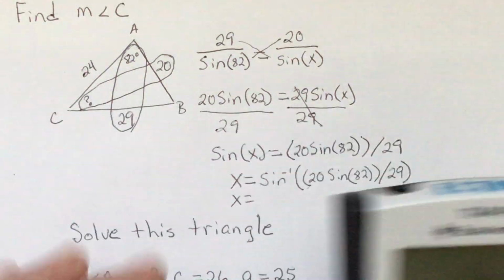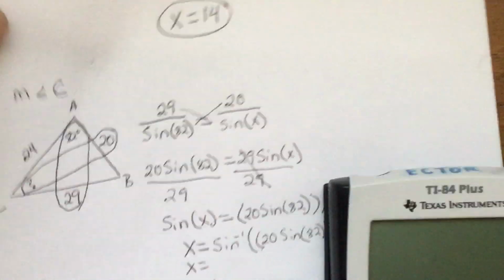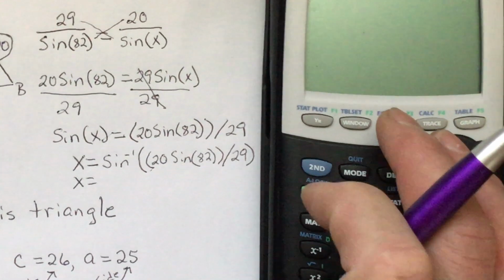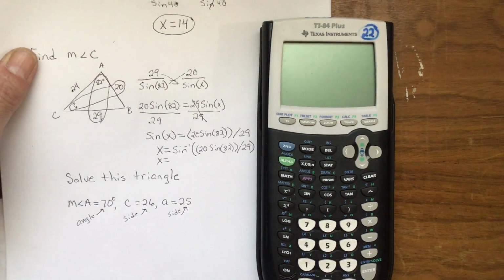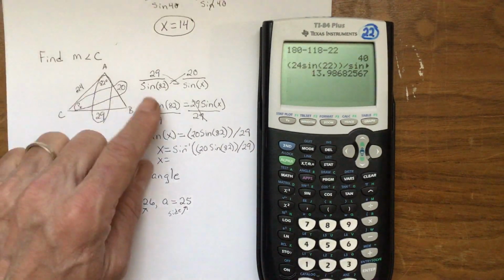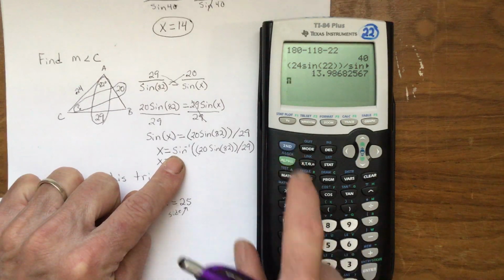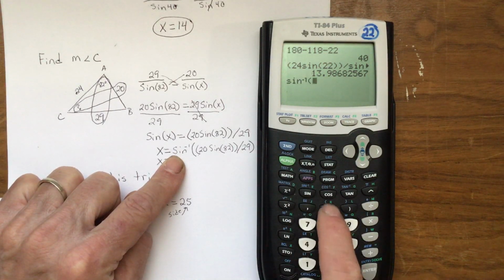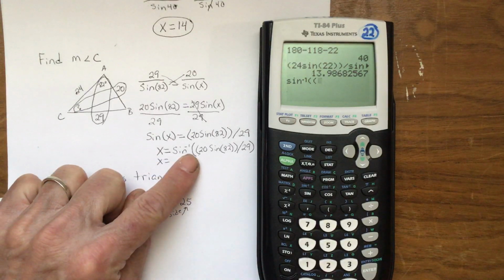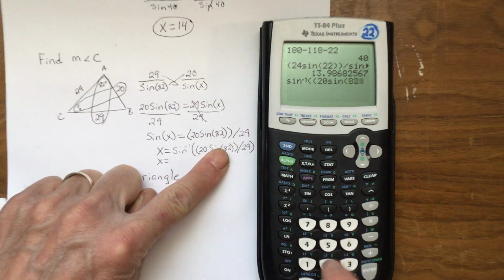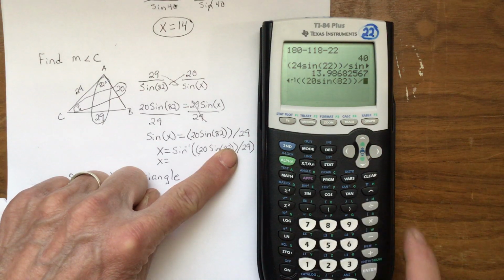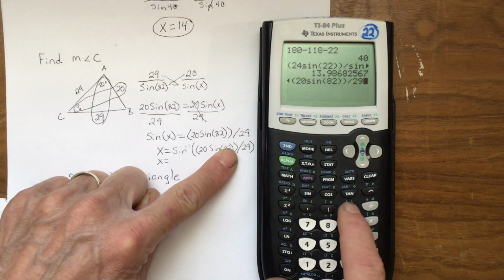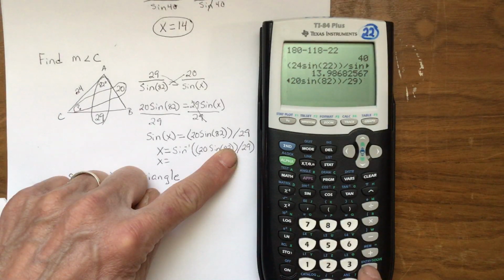So let's type that in the calculator. Okay, I'm going to get the calculator up here where you can see it all. All right, inverse sine, so second sine. Start with another parenthesis, 20 sine 82, close that, have another closing one, divided by 29, and a final closing parenthesis, enter.